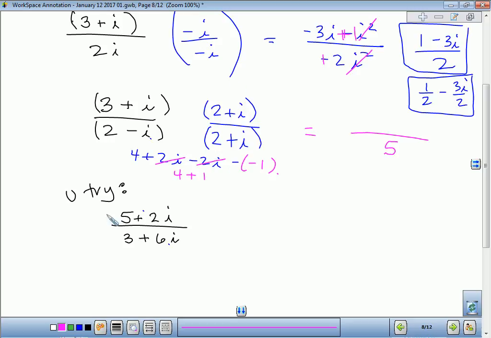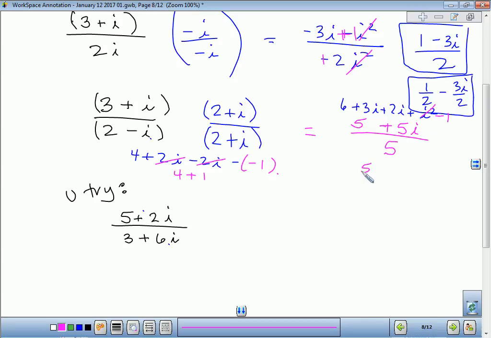Okay? Numerator, I just have to distribute. And I get 6 plus 3i plus 2i plus i squared. And i squared, once again, is negative 1. So I get 6 minus 1 is 5, and 3i plus 2i is 5i.